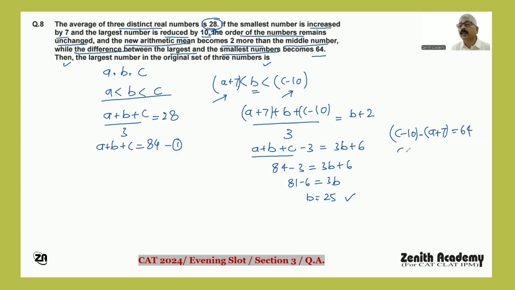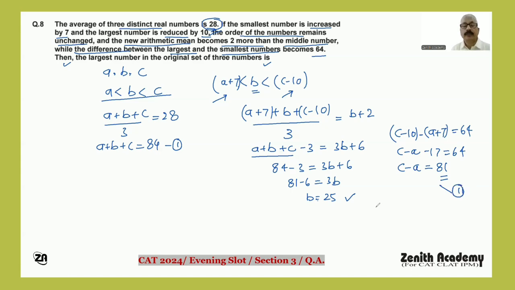So C minus A minus 10 minus 7, that is minus 17, is equal to 64. So C minus A is 64 plus 17, 81. This is okay. This is your equation.